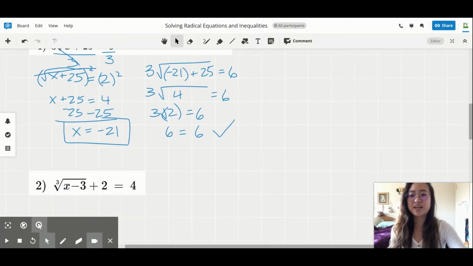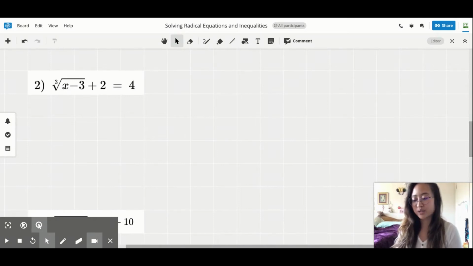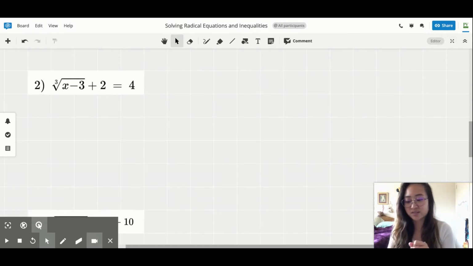Moving on to our next problem, we have the cubic root of x minus 3 plus 2 equals 4. No matter what root you have to evaluate, we're always going to try to isolate it. So first step, just like the last one, let's get that cube root all by itself.